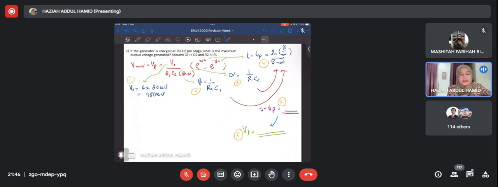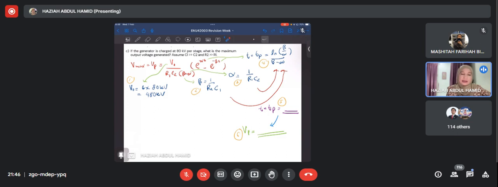Okay, if I put 100 kV here, which is the same as the calculation we did earlier, I will get almost the same answer. Cuma mungkin dia ada lari-lari sikit because of exponential and everything. Tapi since dalam soalan ni dia reduce to 80 kV, first kita kena gantikan VO ni dengan 6 times 80 kV dulu.